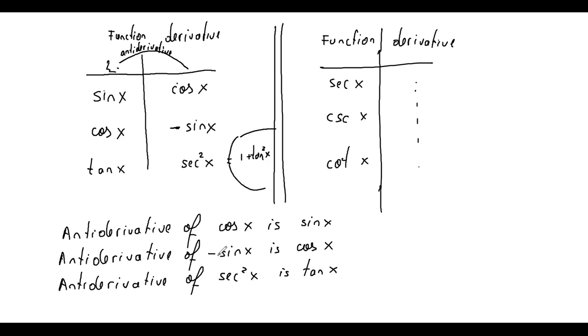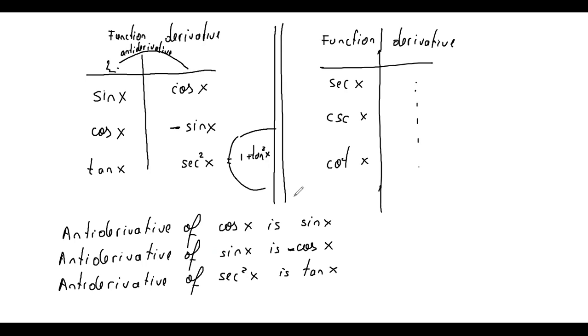Over here, the second row, the antiderivative of negative sine is cosine. Why would I have to worry about negative sine? Let's say the antiderivative of sine. What should I do? Well, the exact same thing that I did earlier. I should divide by negative 1, and I could say the antiderivative of sine is going to be negative cosine.